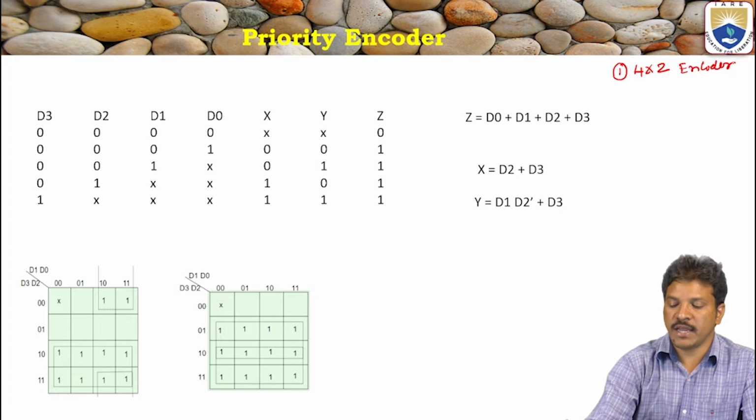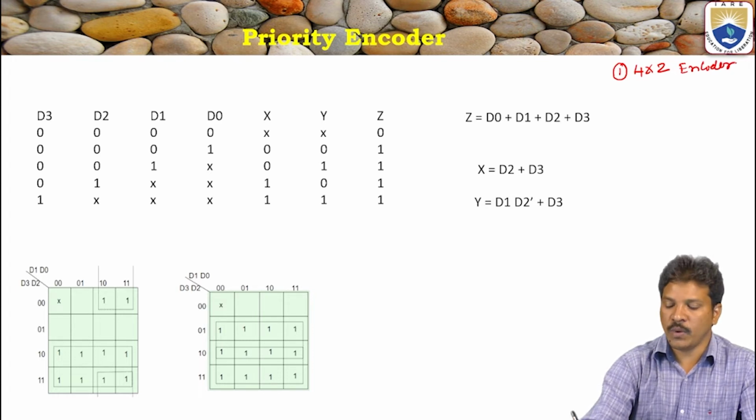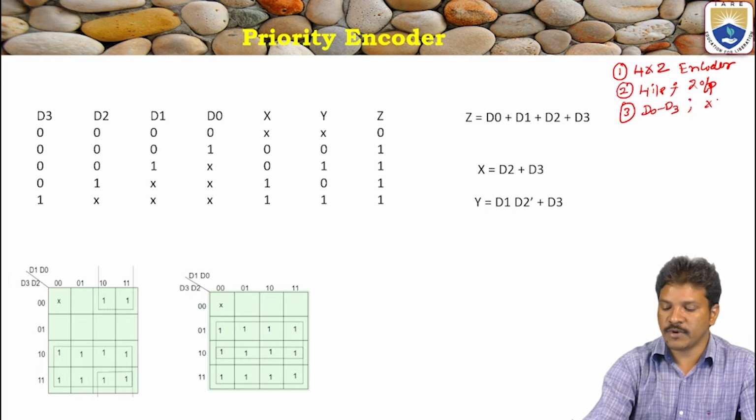If you want to design a priority encoder, we define the 4 inputs and 2 outputs, and then give names: the 4 inputs are D0 to D3, and the output names are X, Y, Z. The 4th step is to make the truth table. The 5th step is the Boolean function, and the 6th step is to draw the logic diagram.